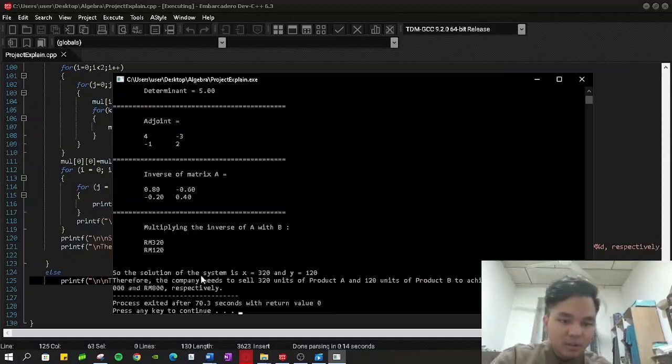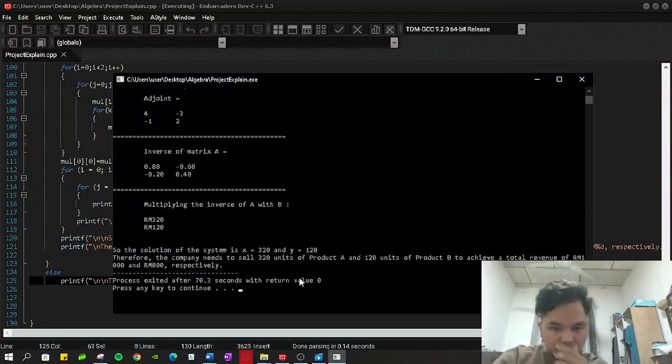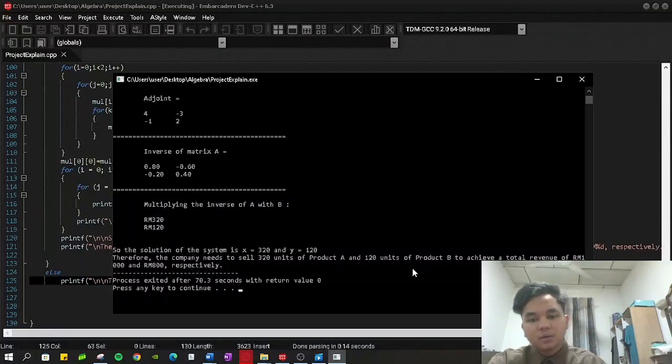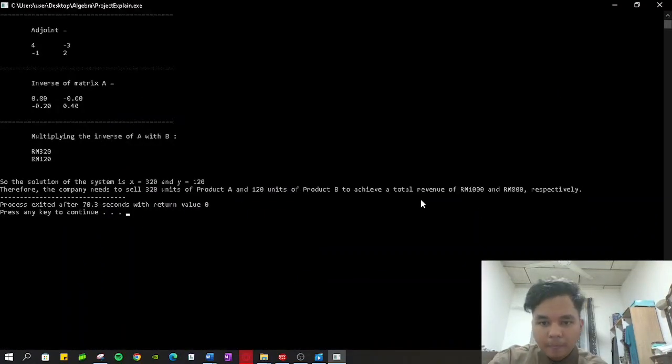So the solution of the system is x equals 320 and y equals 120. Therefore the company needs to sell 320 units of product A and 120 units of product B to achieve a total revenue of RM 1000 and 800 respectively.